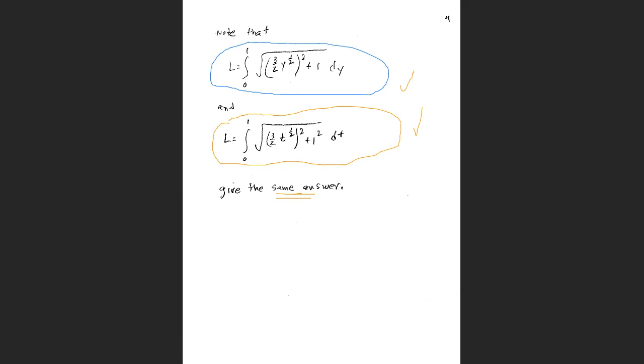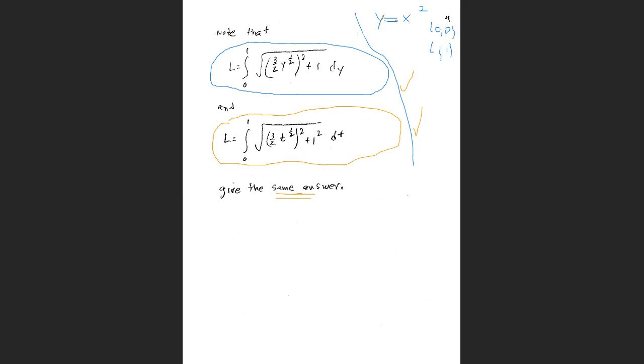But other problems, say you had y equals x squared, and you wanted to find the arc length from 0, 0 to 1, 1, using just the first arc length formula you learned.